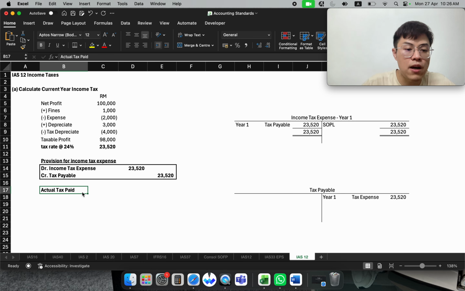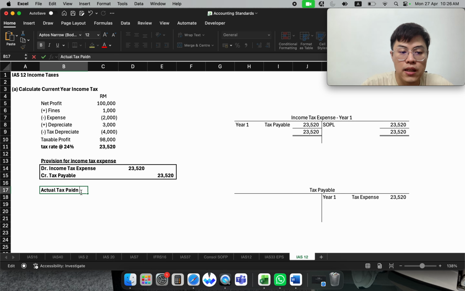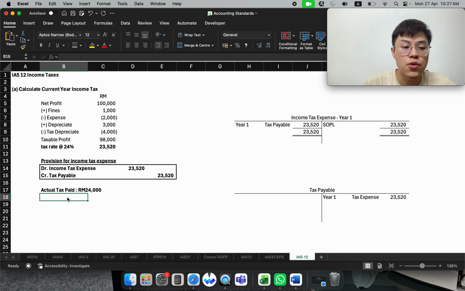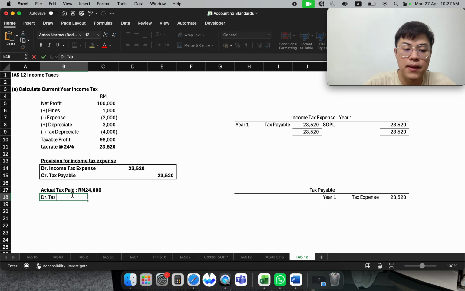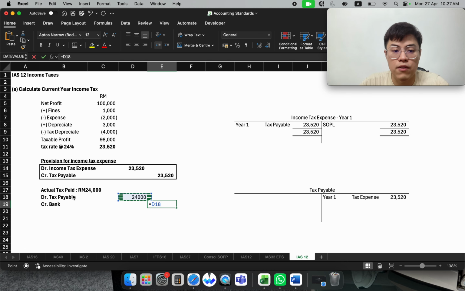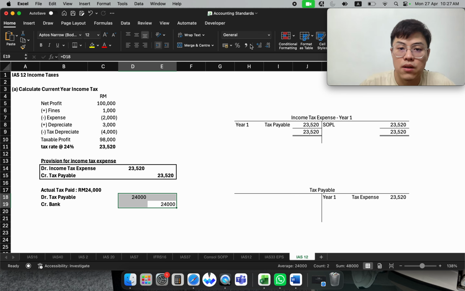For instance, if I tell you the actual tax paid is 24,000, you are going to pay the tax, and when you pay, you debit tax payable and credit your bank. So 24,000 and 24,000. This is what we will do in this part.